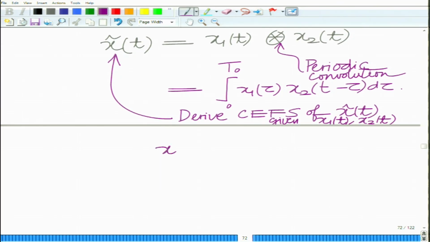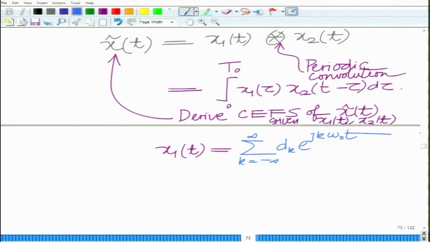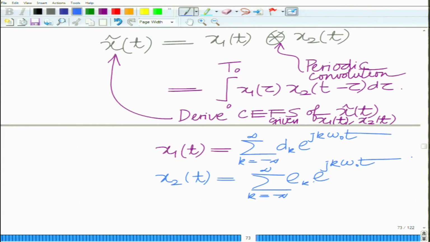That is, let us say x1 t equals summation k equals minus infinity to infinity dk e raised to j k omega naught t, and x2 t equals summation k equals minus infinity to infinity e k e raised to j k omega naught t.